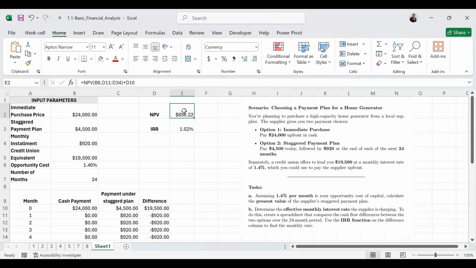We also have a positive NPV, which confirms that we are saving $856.22 in present value compared to when we pay all at once. So it is clear that the staggered payment plan is the one we should go for, as it provides extra present value and also reduces the effective monthly cost. And that's what this video is all about.